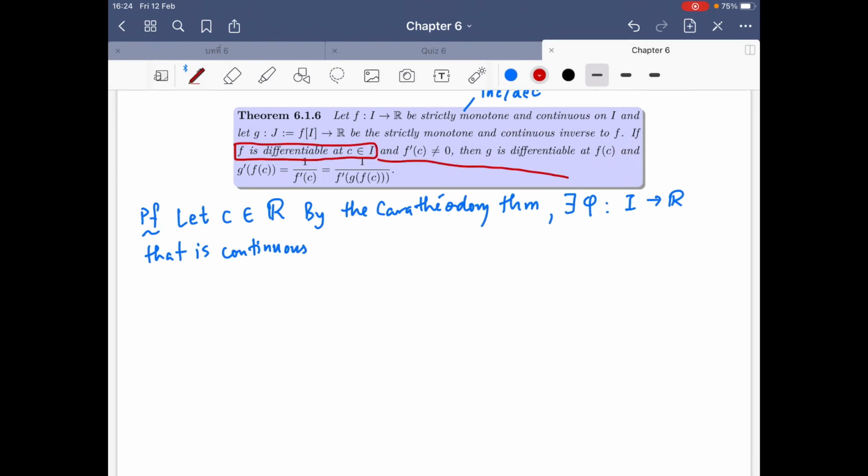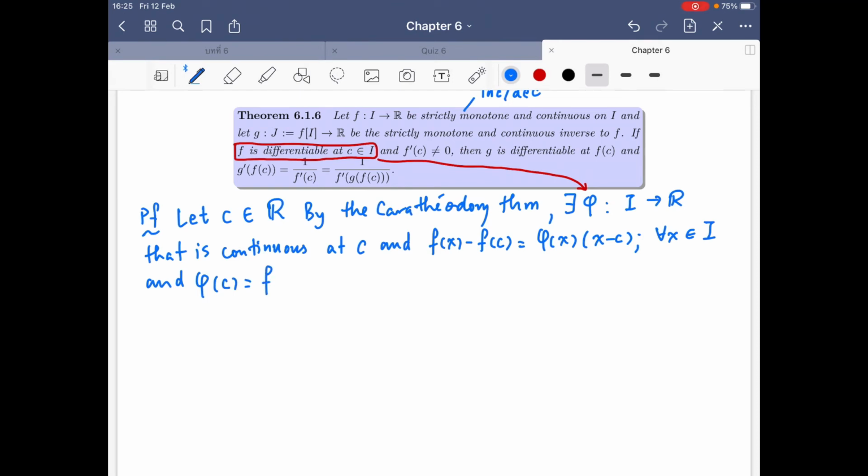Because of this, we have the continuous function phi at c, and the difference f(x) minus f(c) equals phi(x) times (x minus c) for all x in the domain I. Of course phi at c is actually f prime at c, and f prime at c right now is not equal to 0, so this is not equal to 0.